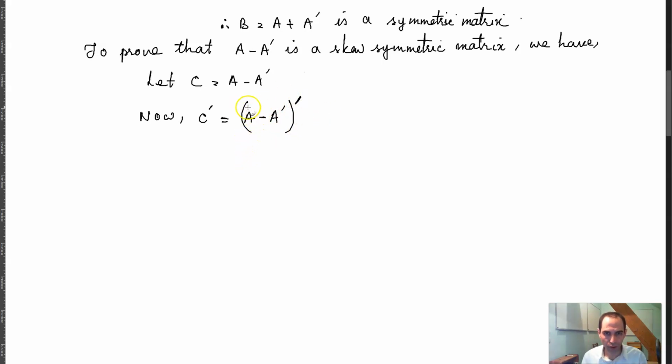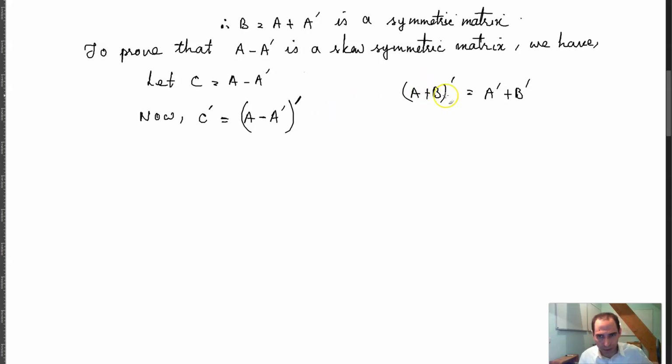And previously we said that A plus B whole prime is equal to A prime plus B prime, right? These are two matrices, and if you add them together and take the transpose of the sum, that is equal to the transpose of each of them added together.